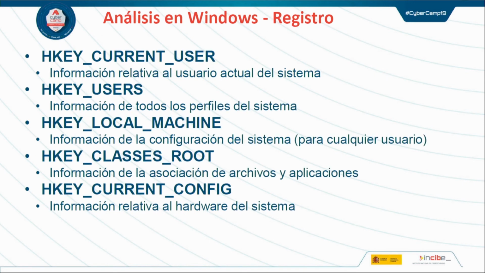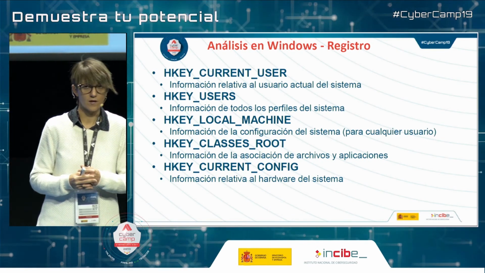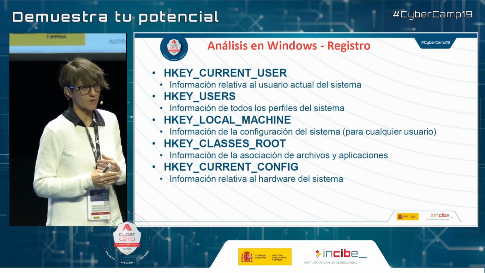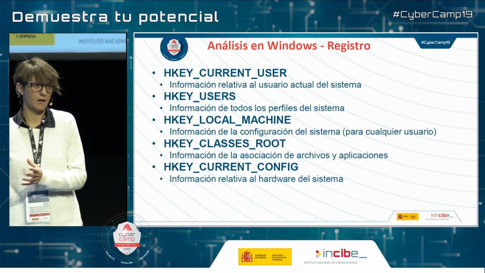And we have to do an analysis of the registry every time we do an investigation. They are saved as keys with some values within those keys, and some of these are the user keys for the user of the machine. This gives information on the files and information on the hardware from the system.